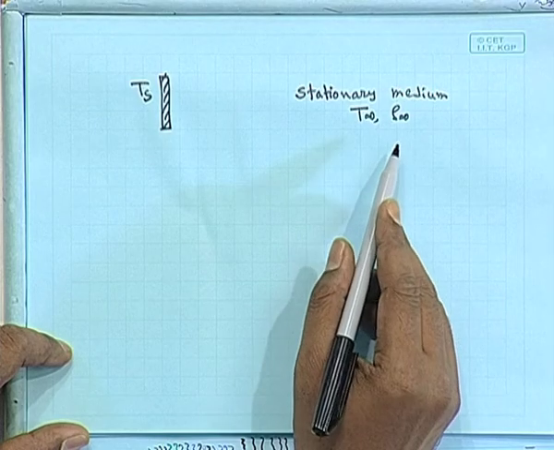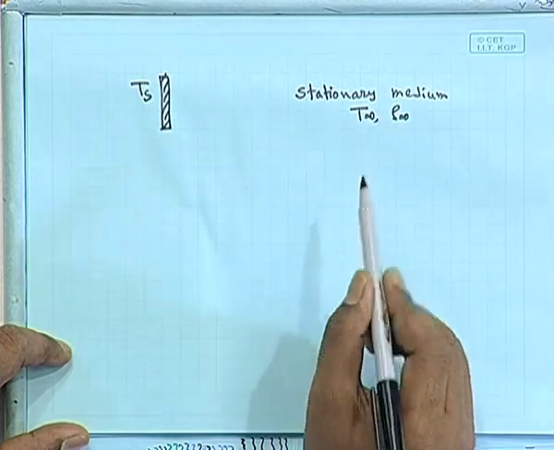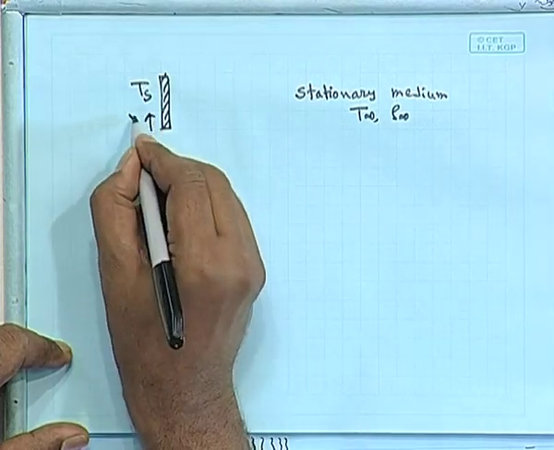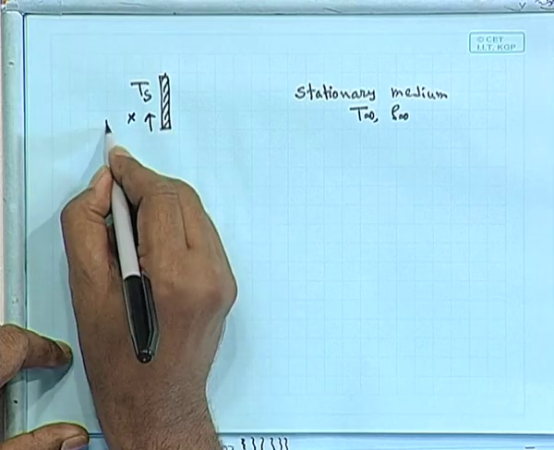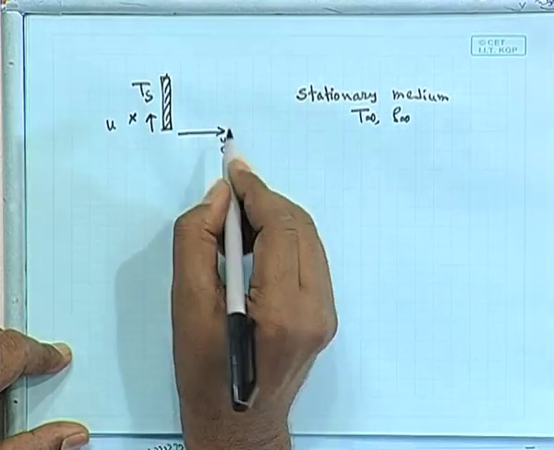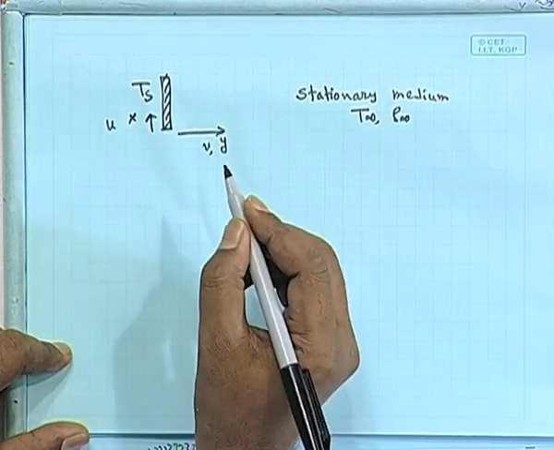The density of the fluid will be a strong function of temperature. Let us say x is in this direction, vertically up, with a velocity component u, and y is in the direction normal to the plate with a velocity component v.